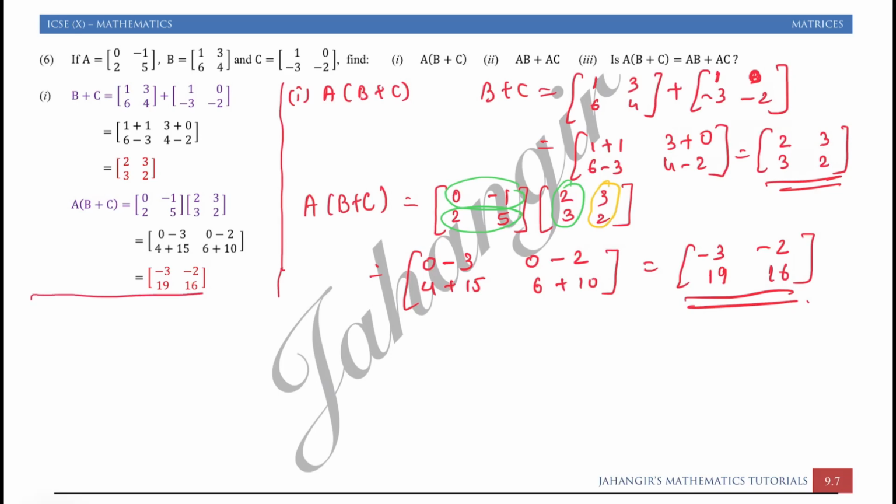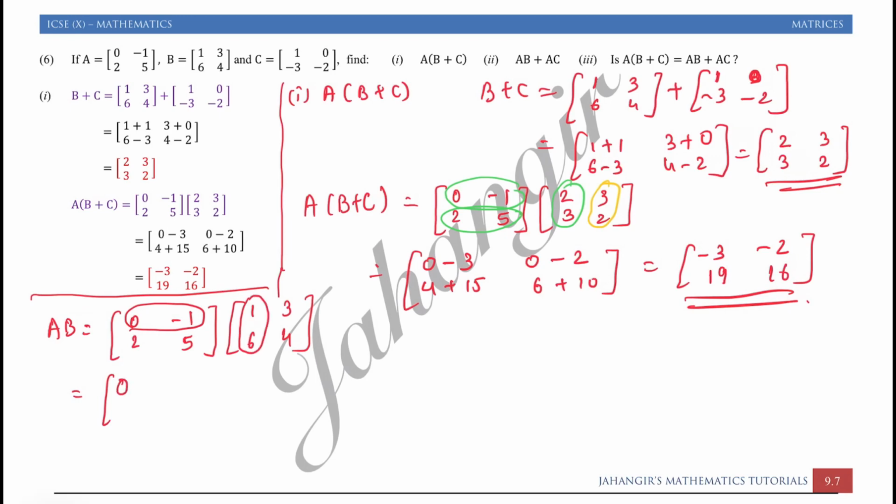Let me solve AB and AC over here, and then we will check the answer. AB is A multiplied by B. So A is 0 2 minus 1 5. B is 1 6 3 4. So let us multiply first row first column. 0 into 1 is 0, minus 6, then 2 ones are 2, plus 6 5s are 30.